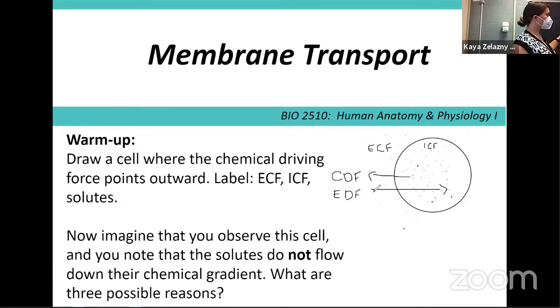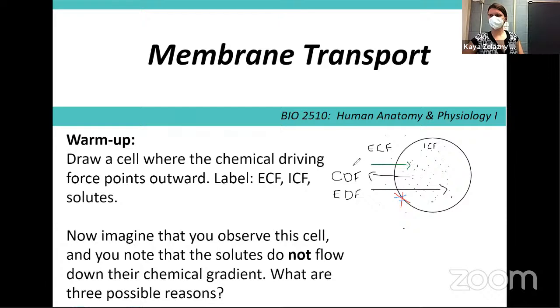If we don't have any transporters, this was one of my other reasons. The second reason is if we don't have proteins embedded that allow that molecule to travel. If you don't have any ion channels open, so here's my channel, I'm going to close it, it doesn't matter if you have these driving forces if there's no way for this ion to get through the membrane. And then another possibility might be, say we're at our equilibrium potential.